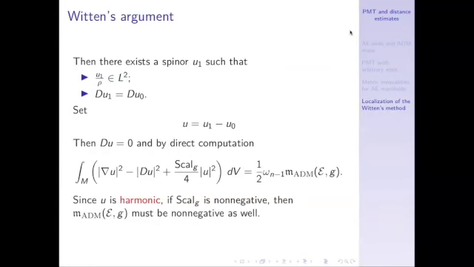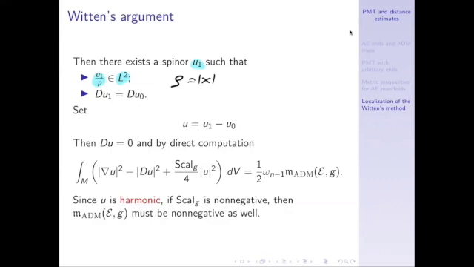Then there exists a spinor U1, such that U1 over rho is in L2. So remember that rho is the radial coordinate in our chosen asymptotically Euclidean system of coordinates.